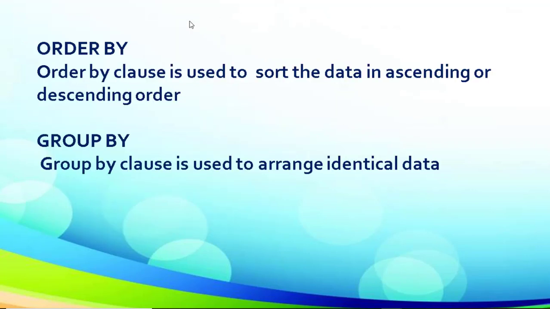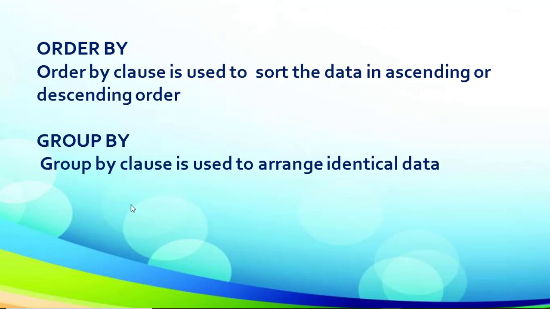The next 5 mark questions which can be expected are the order by and group by clauses. The order by clause is used to sort the data, that is, arranging the data in ascending or descending order. The group by clause is used to arrange identical or similar data.